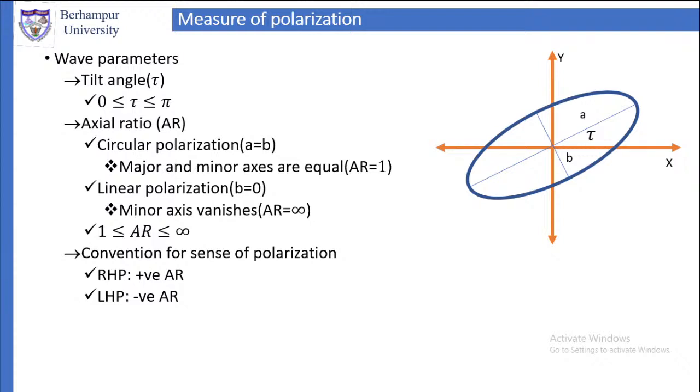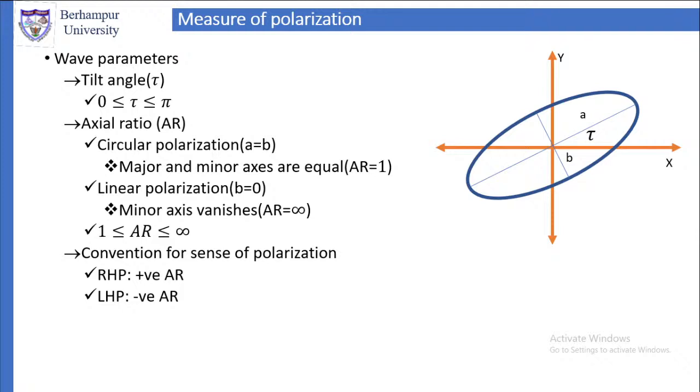If we are considering LHP, we are considering negative AR. So for LHP, it will be -1 less than equal to AR less than equal to -infinity. Sorry, that is -infinity less than equal to AR less than equal to -1. That will be for LHP by convention. So it is only a convention.